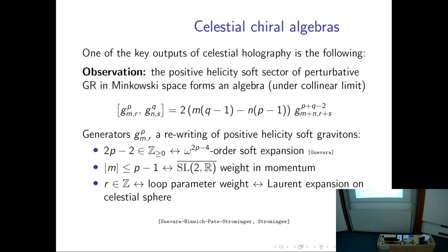One of them you can think of as a kind of SL2R bar, and M is telling you the weight in that anti-holomorphic SL2R of your positive helicity soft graviton mode, and then this R is like a loop index, and it's just giving you some Laurent expansion in the other SL2. So one of the key observations is that this algebra exists.